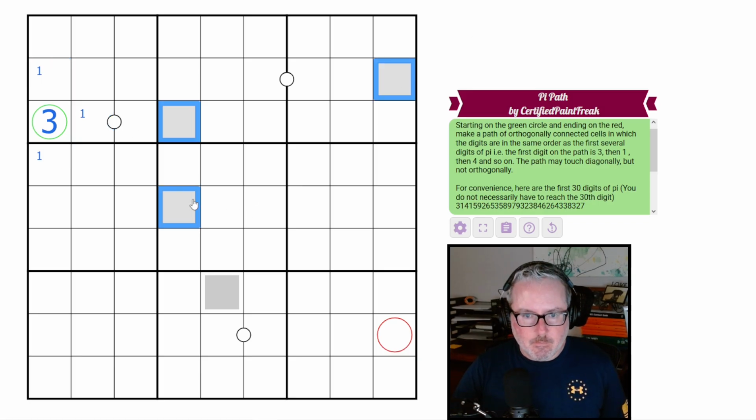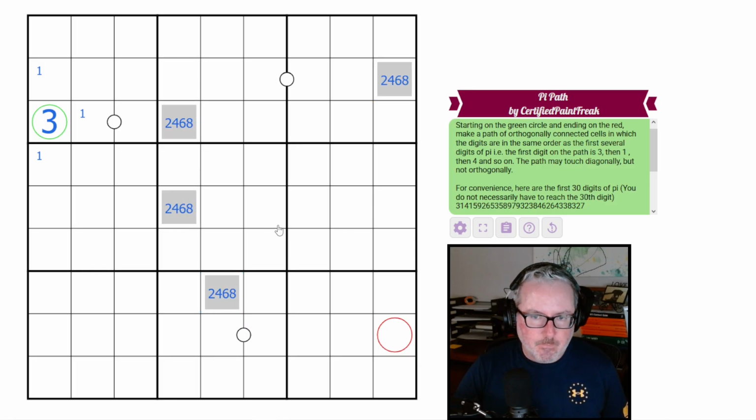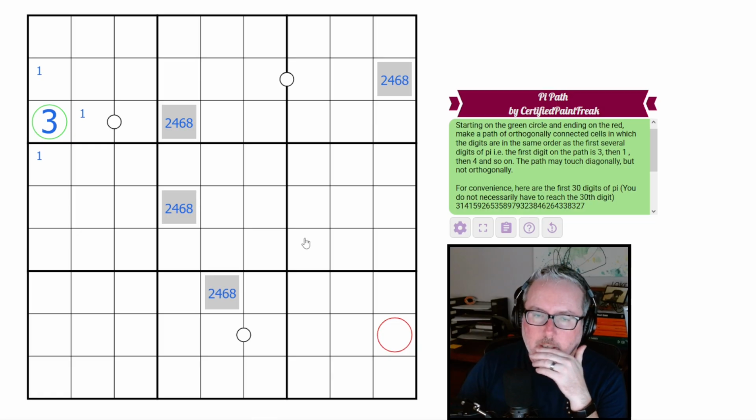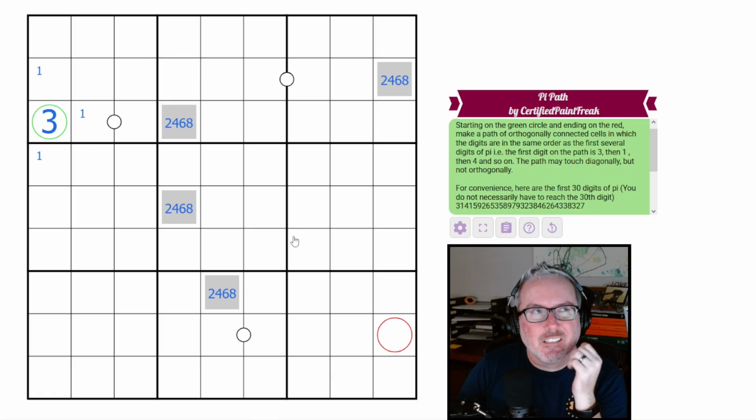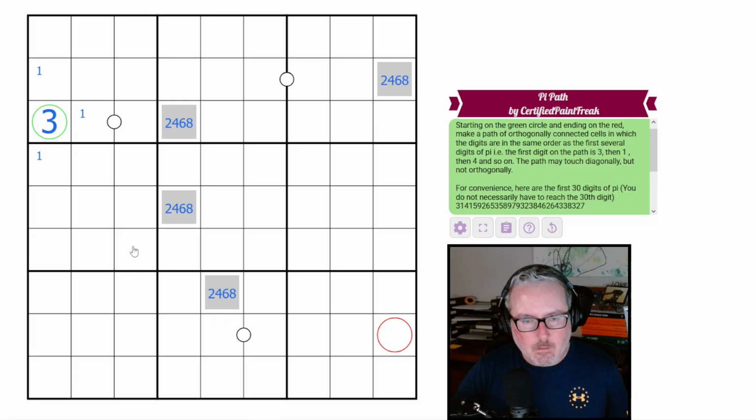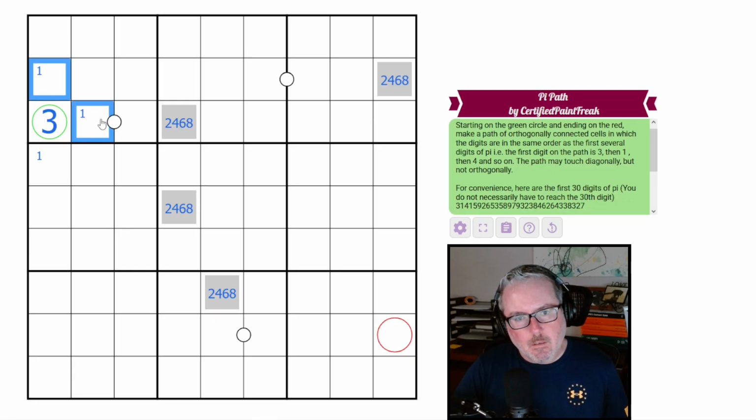But let's put these in as even digits just to get rid of them and have them done. Now, the one other thing we do know about is the indexing for regions. We always know that the digit of the box will be indexed, but that obviously will occur. So, is it possible for either one of these to be the 1?